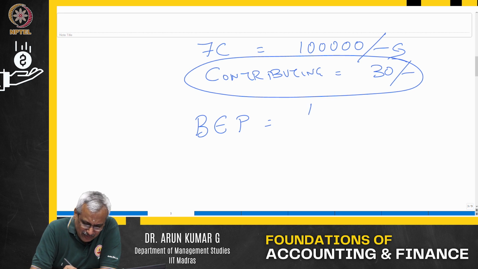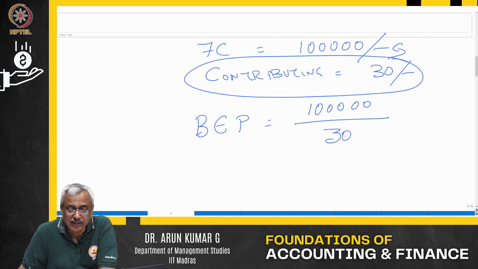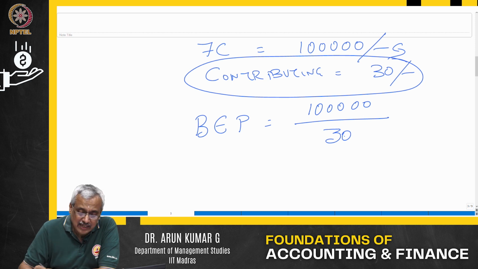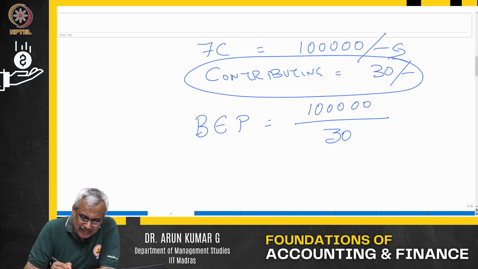My fixed cost is 1 lakh. My contribution per unit is 30 rupees. 1 lakh divided by 30, can you just check, Suhail? 1 lakh is the total fixed cost I have to cover and 30 rupees is the contribution I get every unit. So how many units? 3,333.